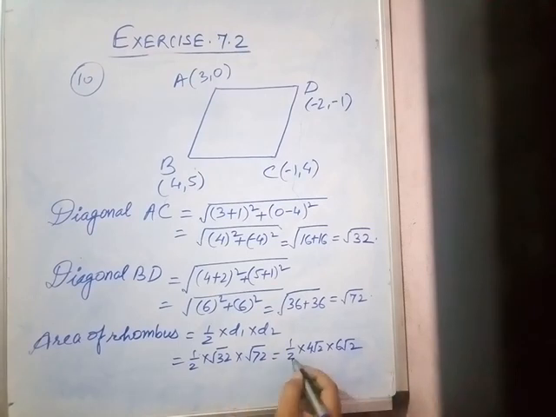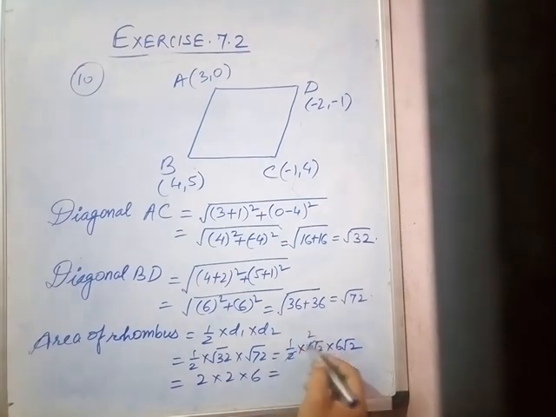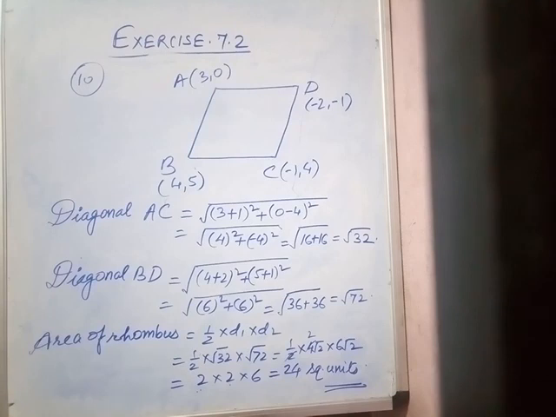So it is half into 4 root 2 into 6 root 2, that is 2 into 6, then root 2 into root 2 becomes 2, so 6 into 4 is 24 square units. So the area of the rhombus is 24 square units. Thank you.